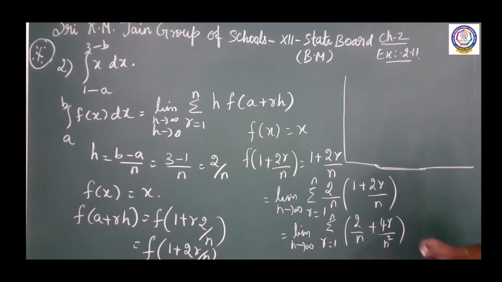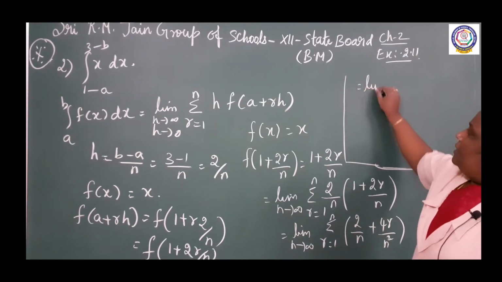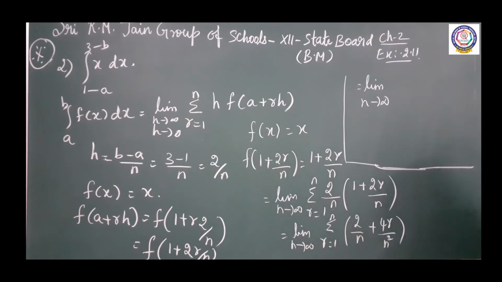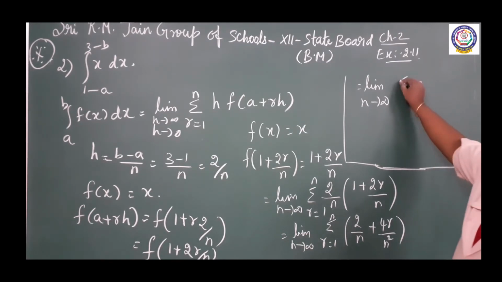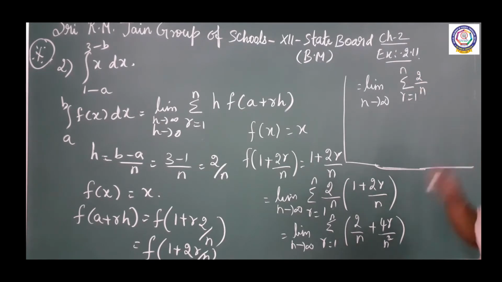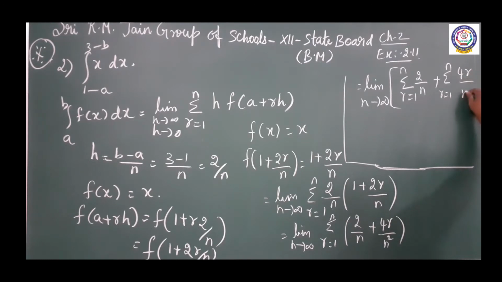So it gives, see here, limit n tends to infinity, sigma r equal to 1 to n, 2 by n, plus sigma r equal to 1 to n, 4r by n square.